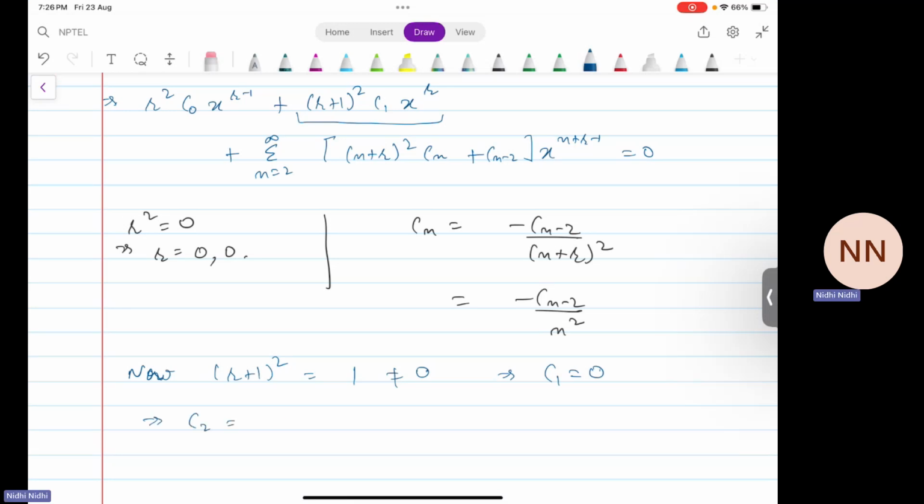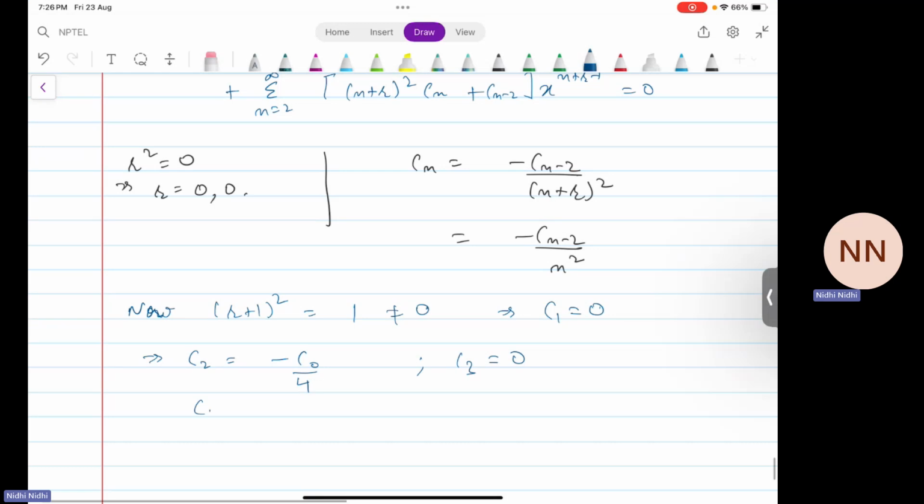Now this gives us C2 is equal to minus C0 by 4, C3 is equal to 0, C4 is equal to C0 by 2 square times 4 square.